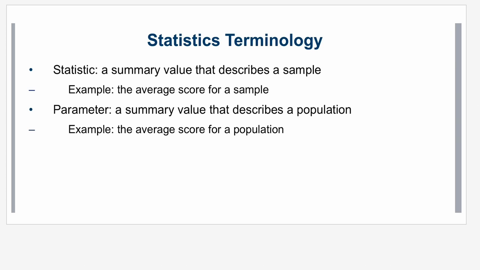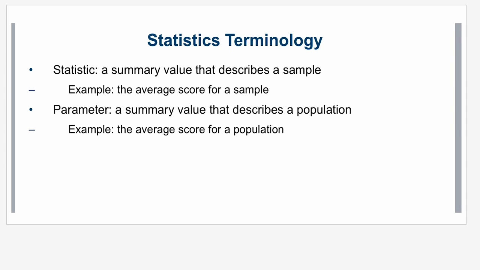Technically, a statistic is a summary value for a sample. It's describing a sample. So it's describing or summarizing an entire set of scores in a sample. So the example here is the average score for a sample. The example in your book is the average intelligence score for a sample of students that they collected.